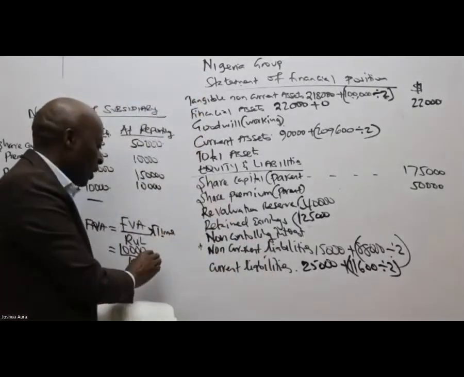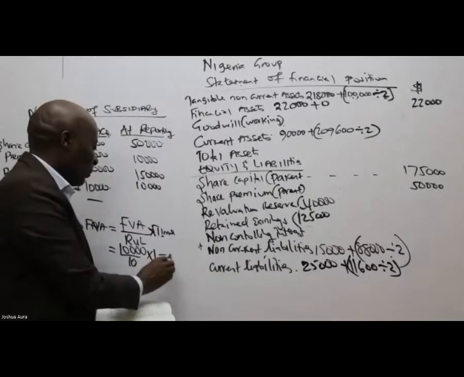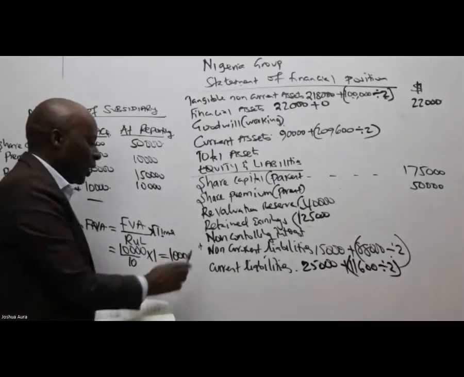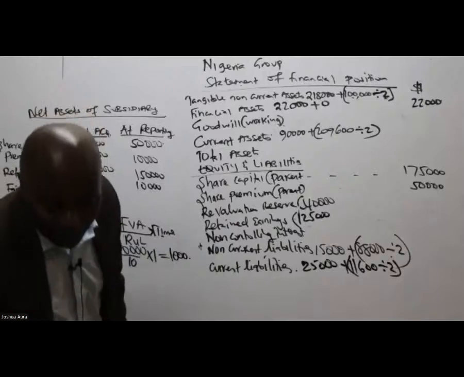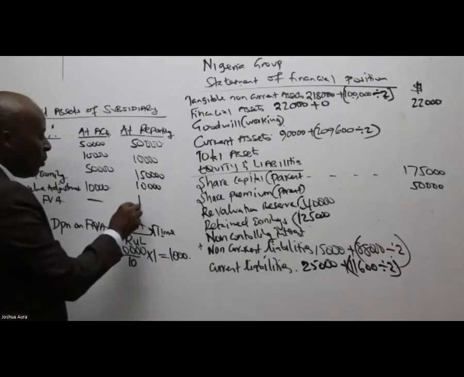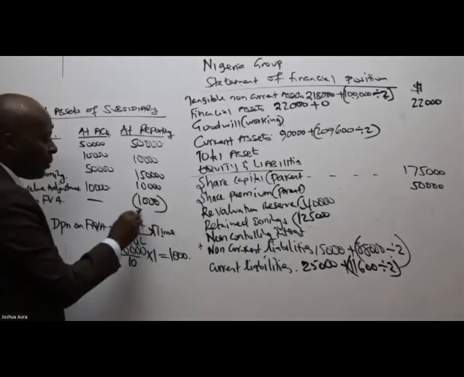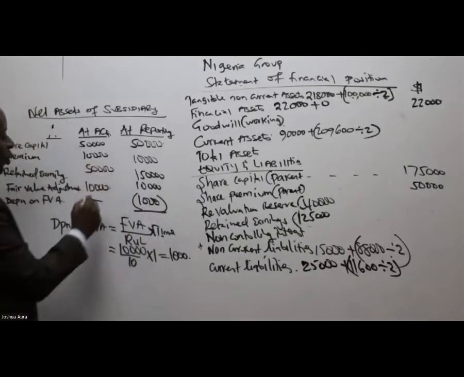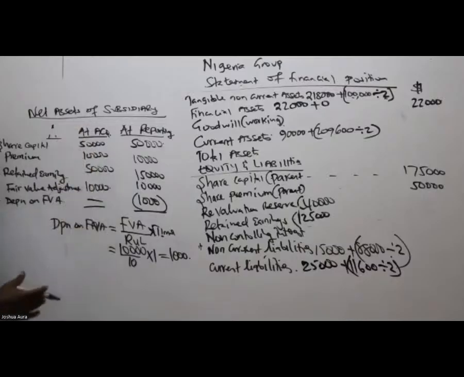So times one. This gives us 1,000, being the depreciation on the fair value adjustment. So this is what I will bring there. And then I would expect you to give me the total figures.